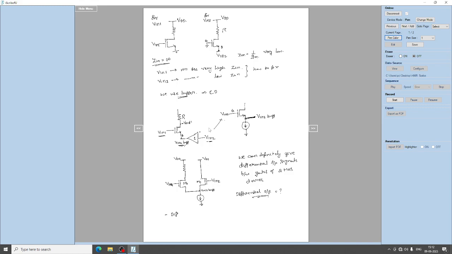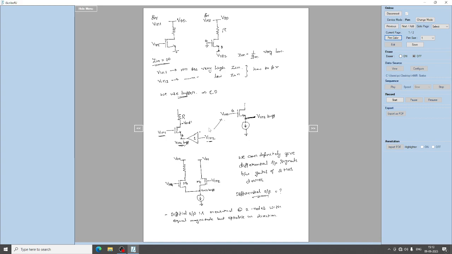So differential output is measurement at two nodes with signal of equal magnitude but opposite in direction.